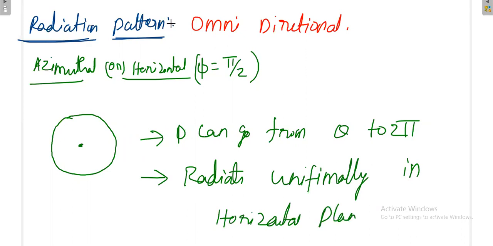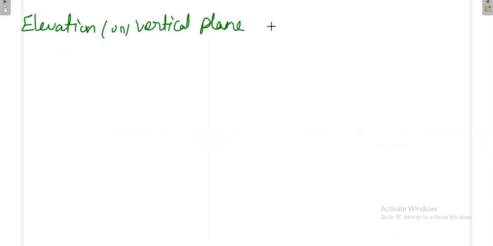Then next I am on the vertical plane. When I am on the vertical plane, please imagine properly. Next one is the elevation plane or vertical plane. A vertical plane can be formed by taking phi as anything. To form a vertical plane, phi can be anything.